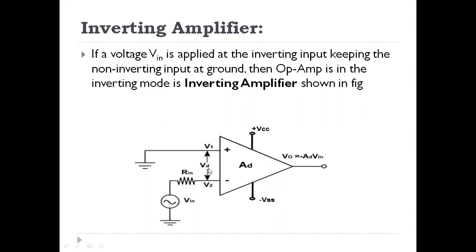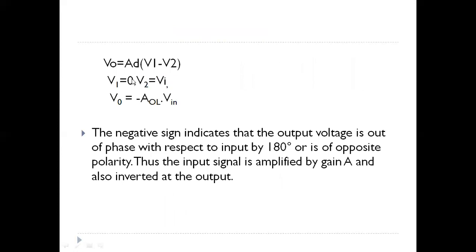So here we have the difference voltage Vd is equal to V1 minus V2. Already we know the basic output of an op-amp, that is V0 is equal to Ad into V1 minus V2.